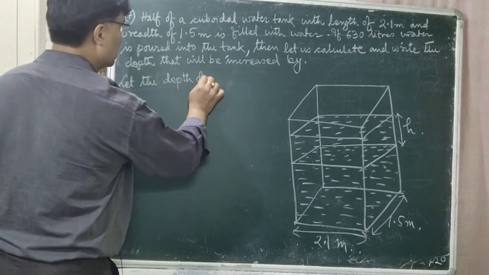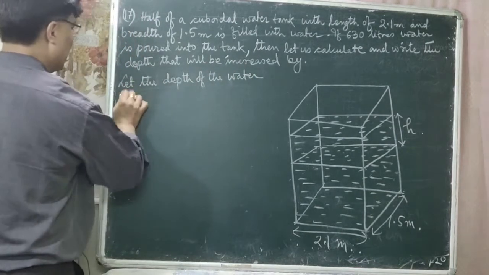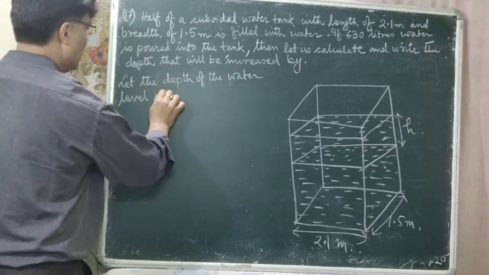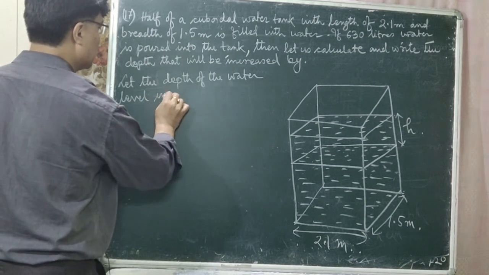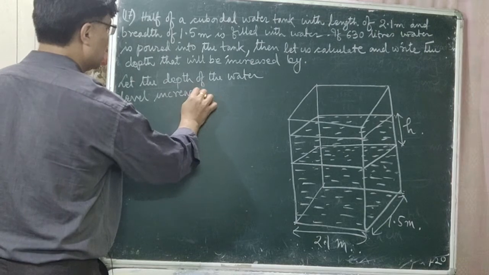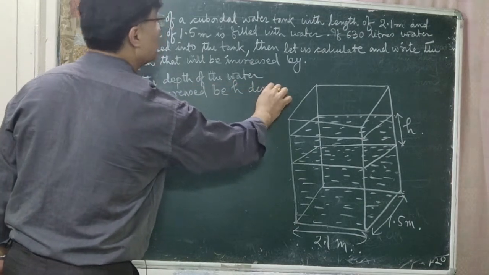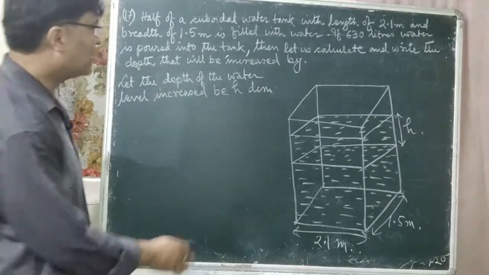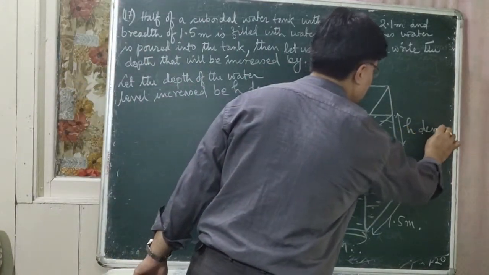Let the depth of the water level increased be h. यो केमा लेख्छ हामी? डेसिमिटरमा लेख्छौं. Let us write it in terms of decimeter, it's decimeter right.